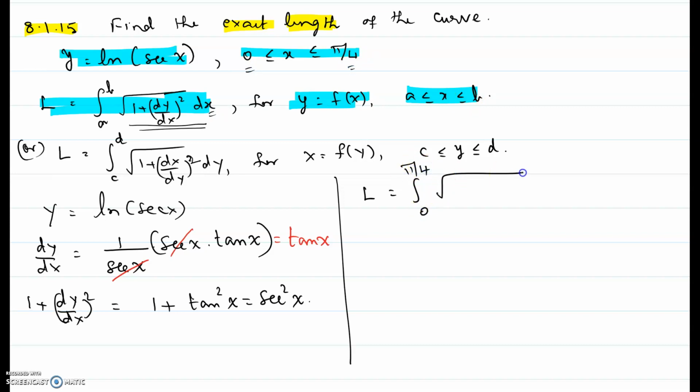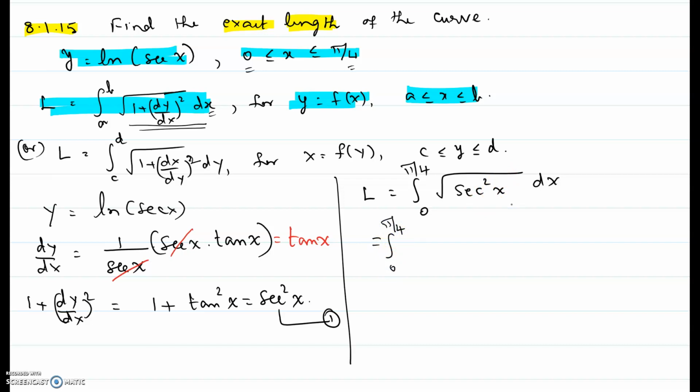Then square root of 1 plus dy by dx the whole square, which we found to be secant square x, so square root of secant square x dx. So it is integral 0 through pi by 4, square root of secant square x.